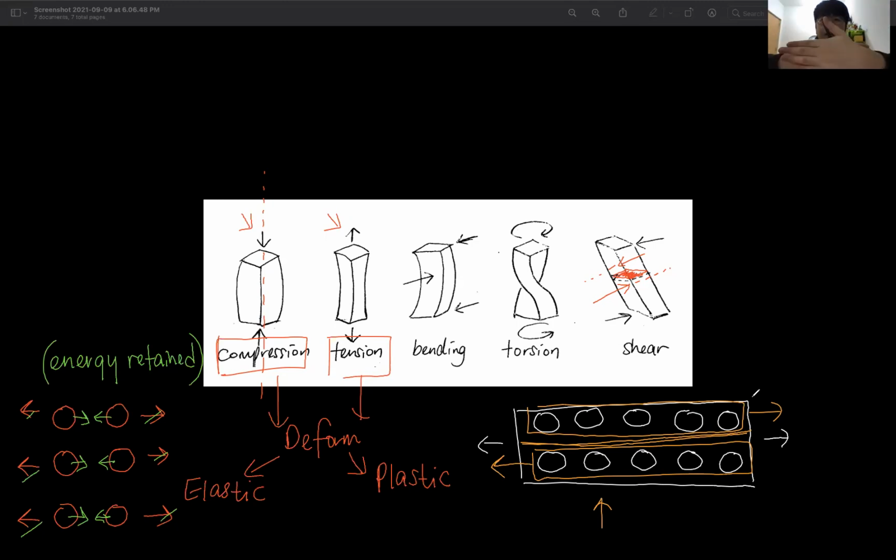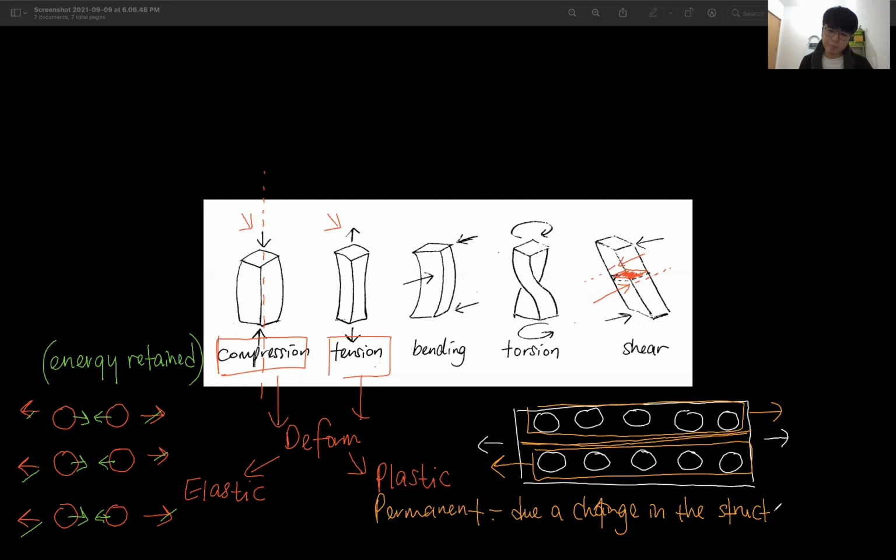That is why it remains permanent. We say permanently deformed. Okay, so this is plastic deformation, or permanent deformation, due to a change in the structure itself.